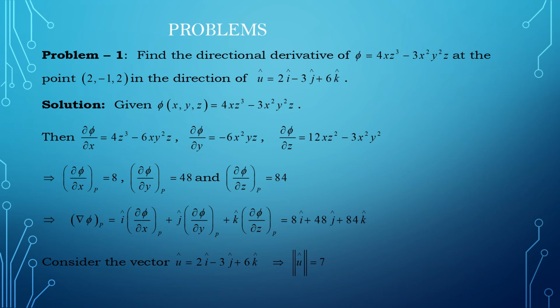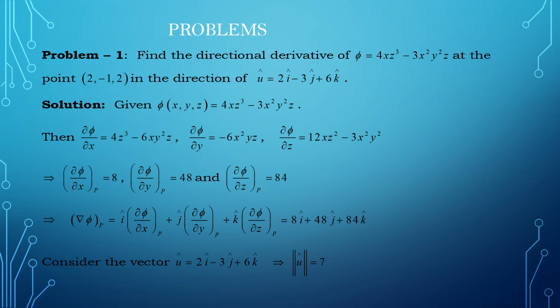Now we find dou phi by dou y at the given point P (2, minus 1, 2). If we substitute x equals 2, y equals minus 1 and z equals 2, we get dou phi by dou y at P equals 48. Similarly, dou phi by dou z at P equals 84.